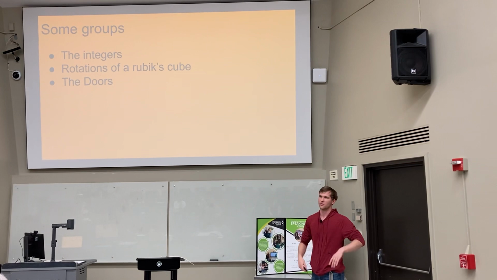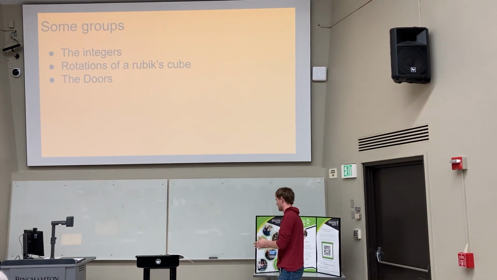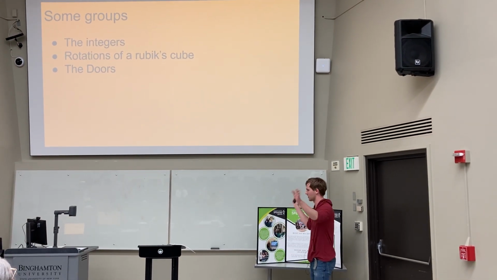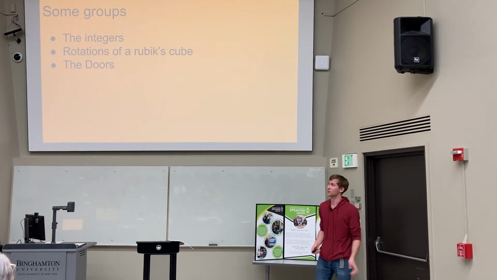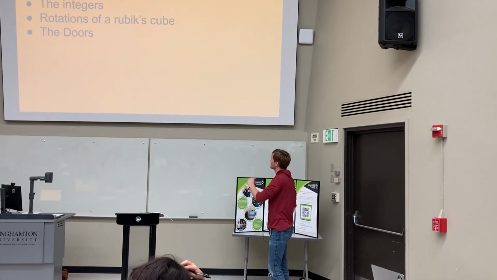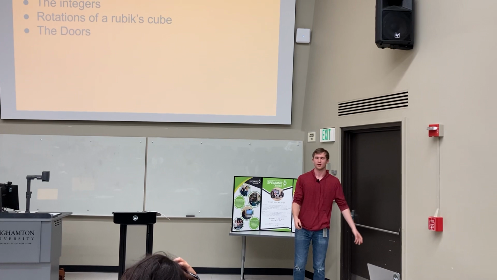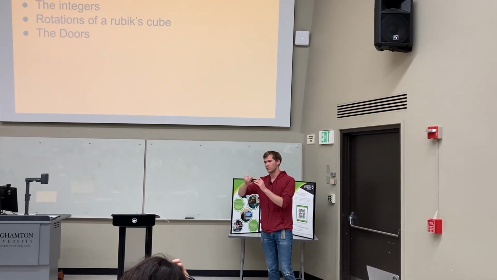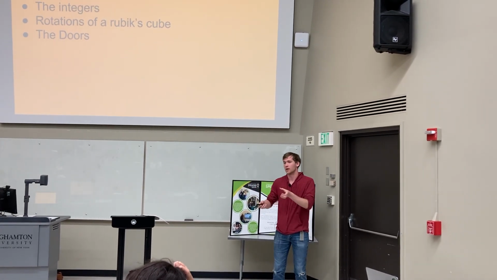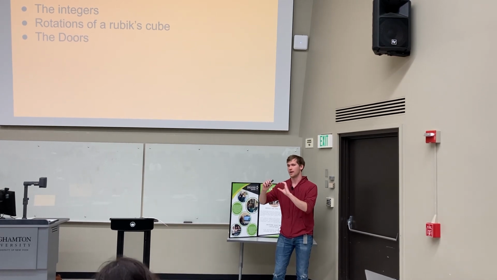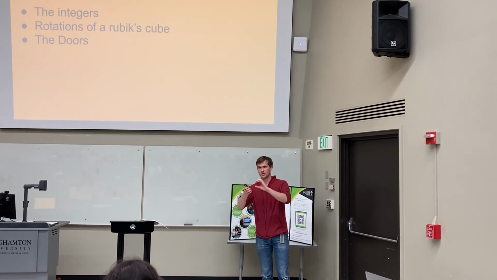Some real life groups. We have the integers, of course. We have the numbers 0, 1, 2, 3, -1, all that, and we can add them together. But we also have the rotations of a Rubik's Cube. This is a little less obvious, but if I rotate the face of a Rubik's Cube, and I rotate another face, you could call that adding. We compose the rotations together.